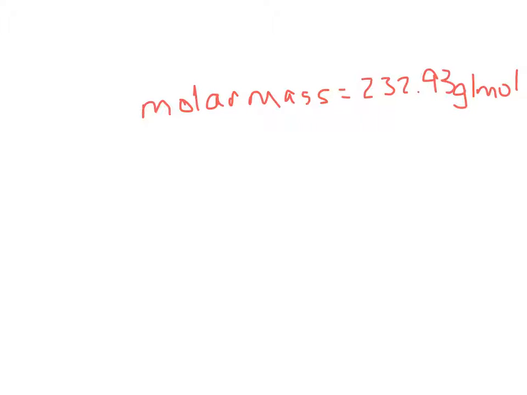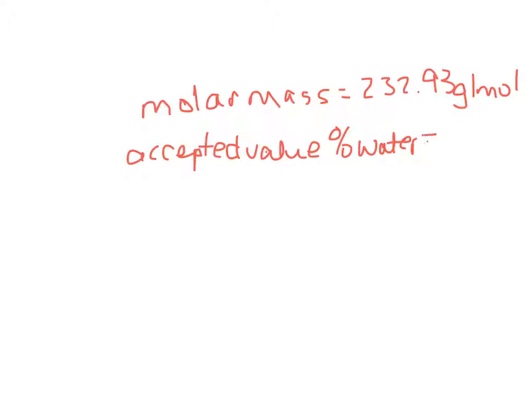Now what we need to do, using the accepted value for the percentage of water, which in our lab experiment was given as 46.40%, is use this to determine how many moles of water are in this hydrate, and this will help us develop our hypothesis.